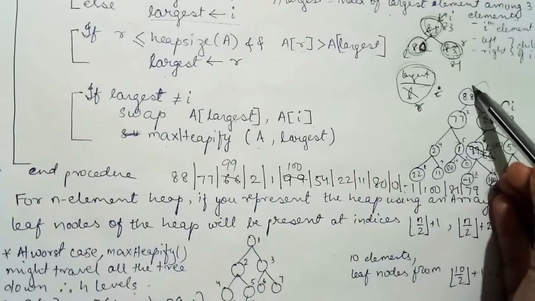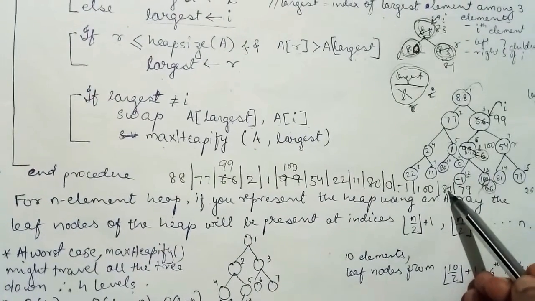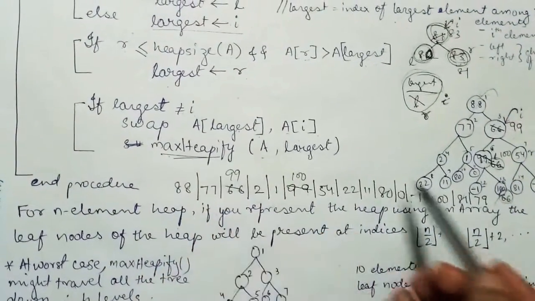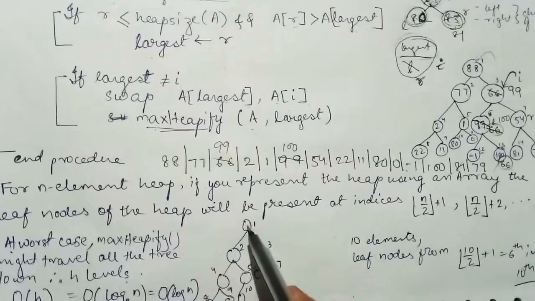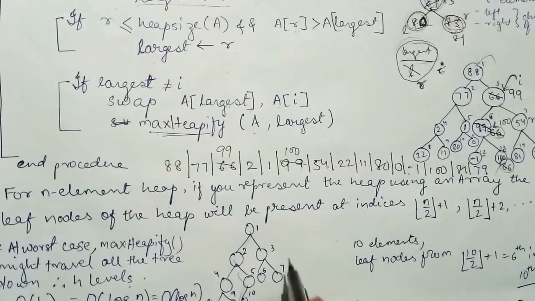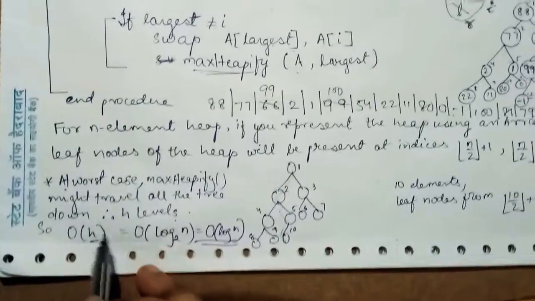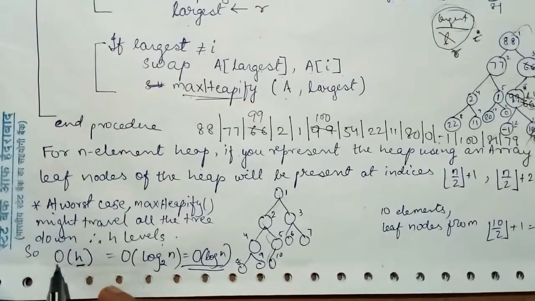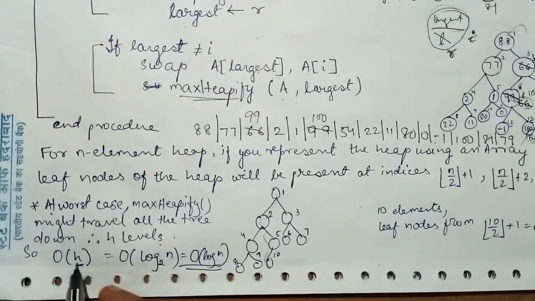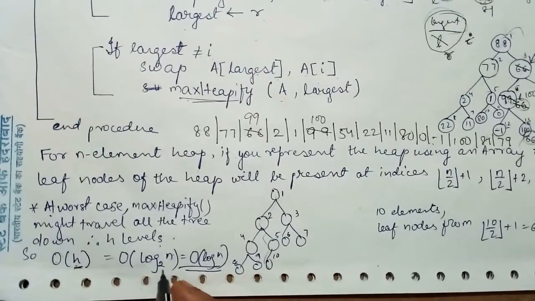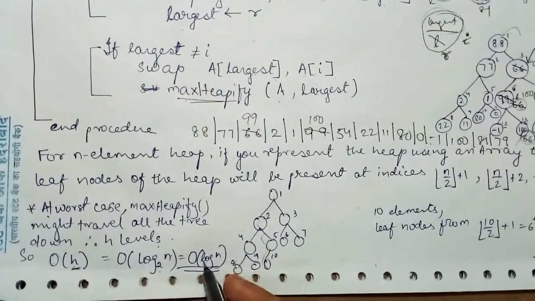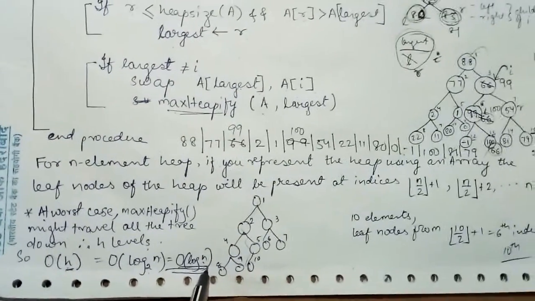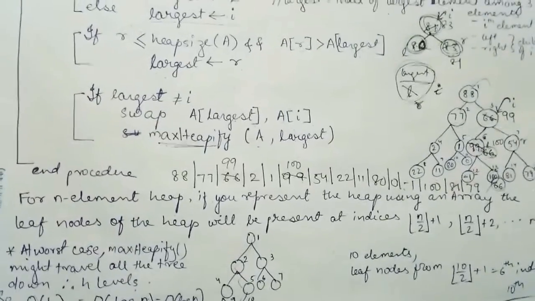Maybe this is my I and I have to travel till the bottom of the tree due to the recursive call. So this traversal will be of height h. So my time complexity is big O of h, but we already know that h is log n base 2, or we can ignore base 2, it is order of log n. This is the time complexity in the worst case for the maxHeapify function.